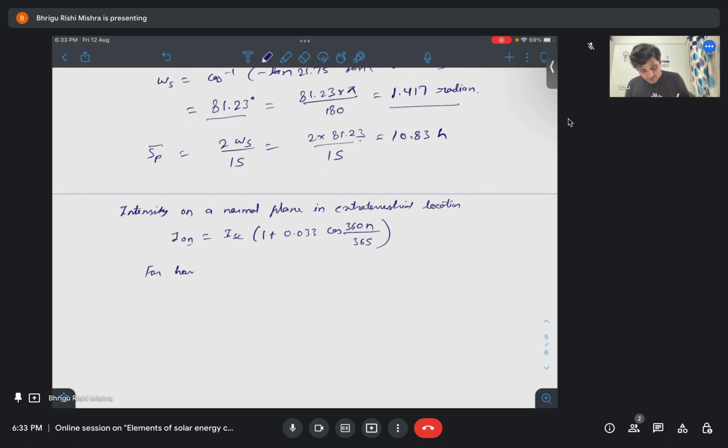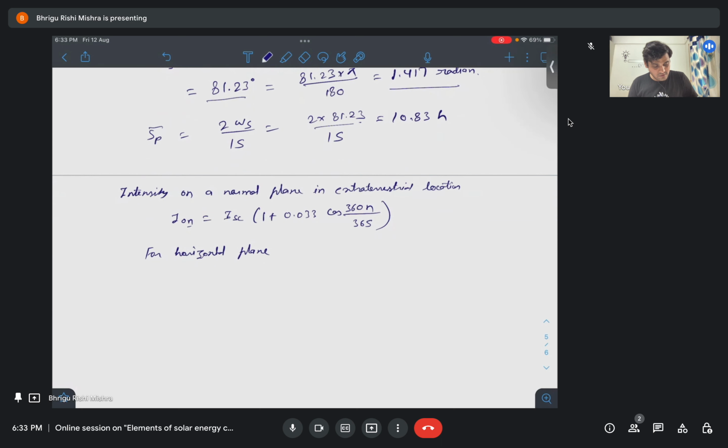Now for the horizontal plane, this is the radiation coming with respect to the normal, and the angle is theta or theta z.